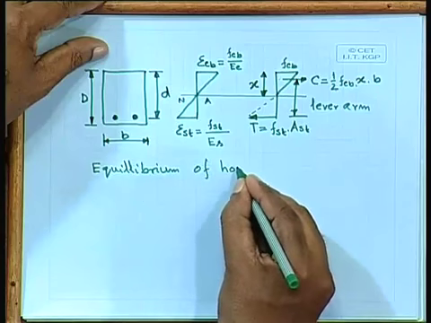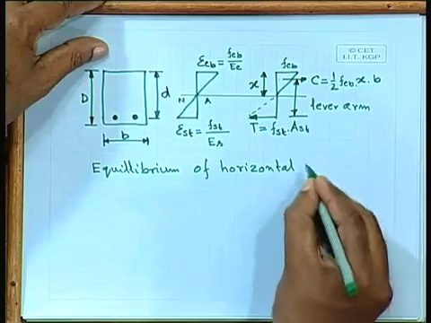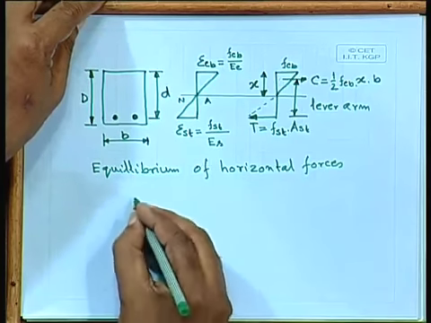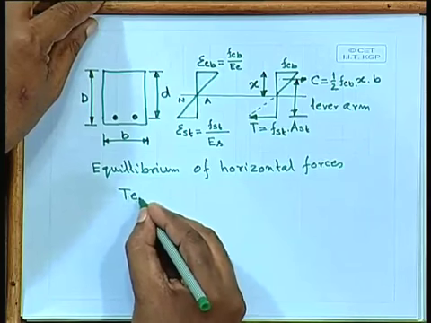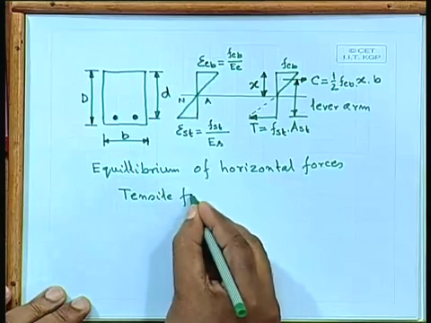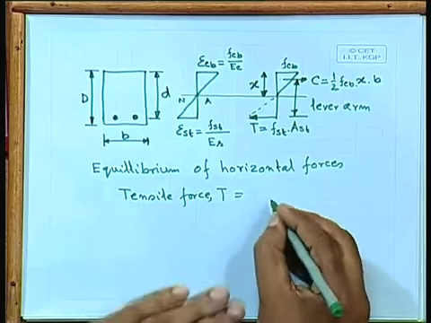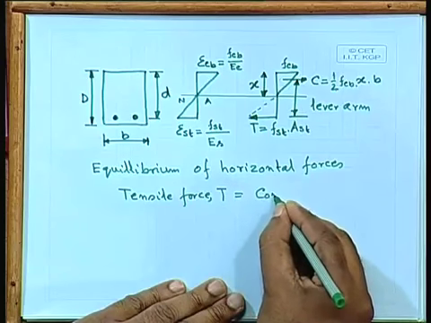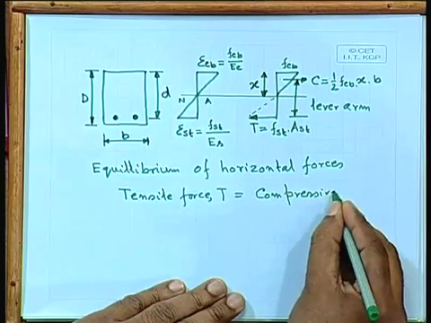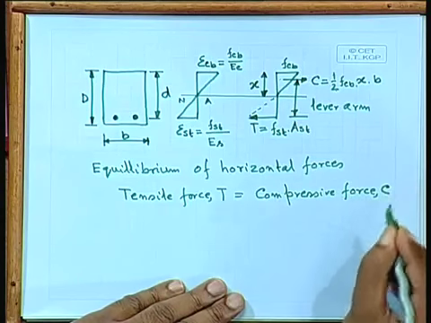So, equilibrium of horizontal forces: tensile force T equal to compressive force C.